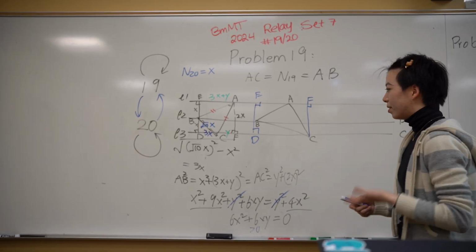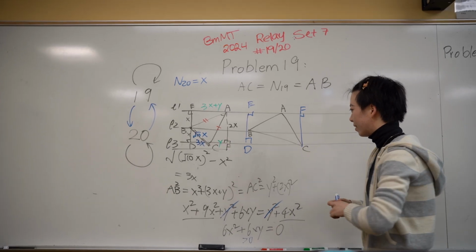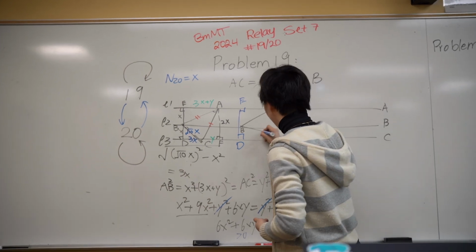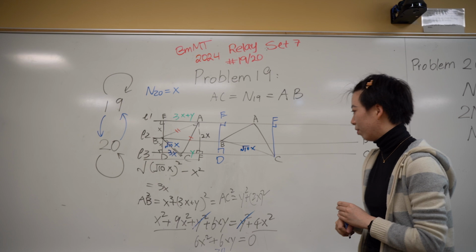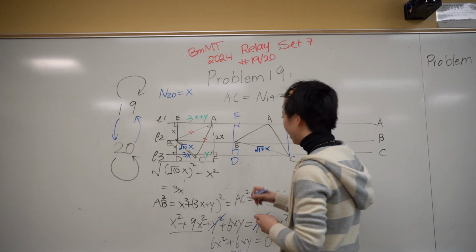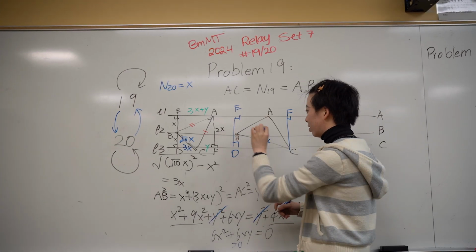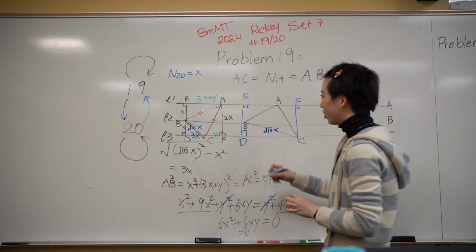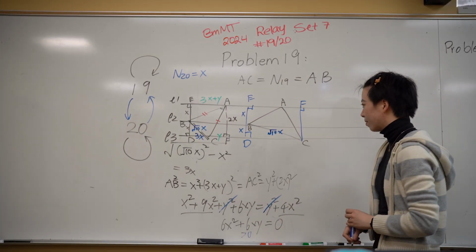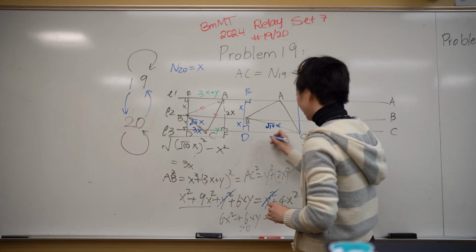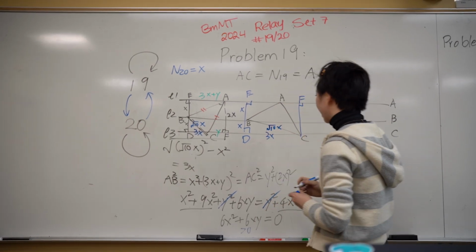So let's continue with the pattern we have from our acute case. BC is still square root of 10 times x, because BC is equal to the distance times square root of 10. Since each of the lines are still x distance apart, BD and BE can still be x. DC is still going to be equal to 3x.